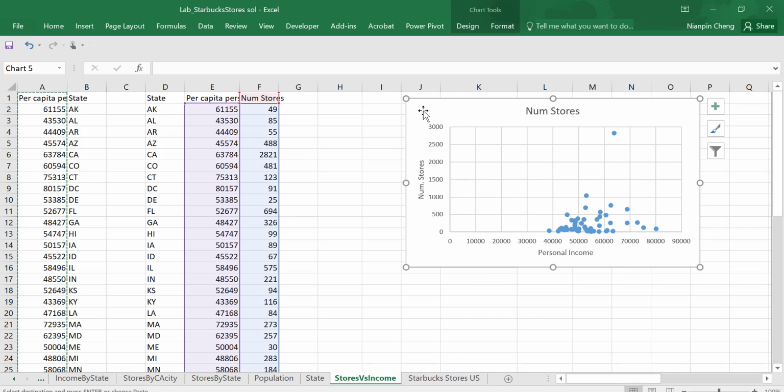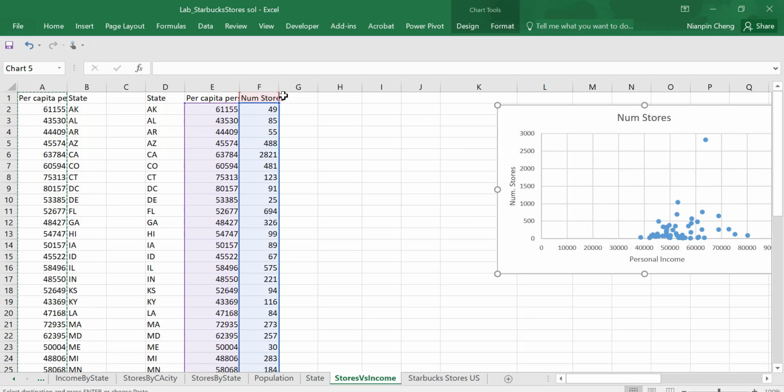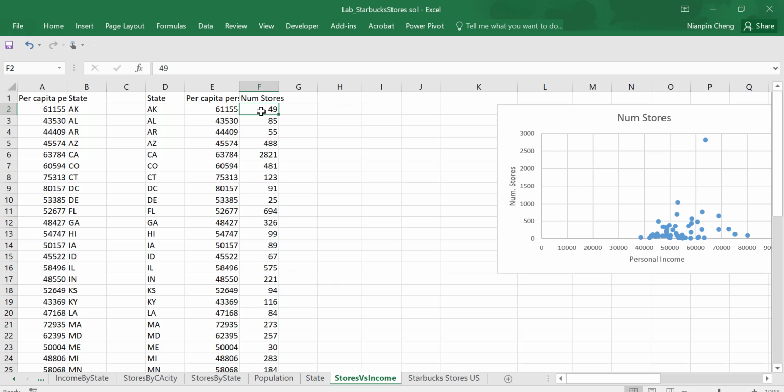So next thing, we rethink about the data, the number of stores. This is talking about the total number within a state. And this is the income, the per person income. Per capita, that means just per person.